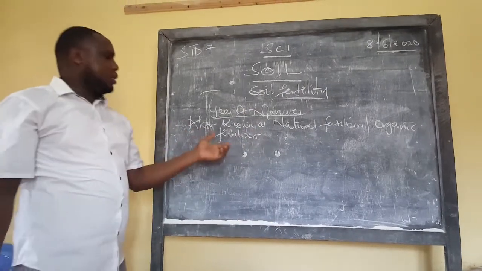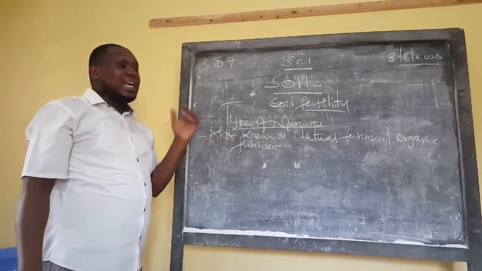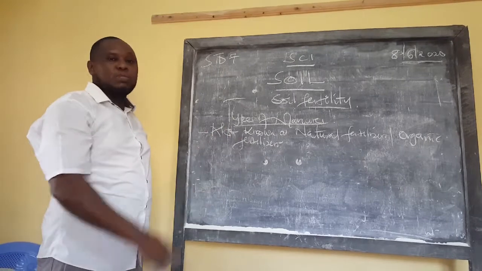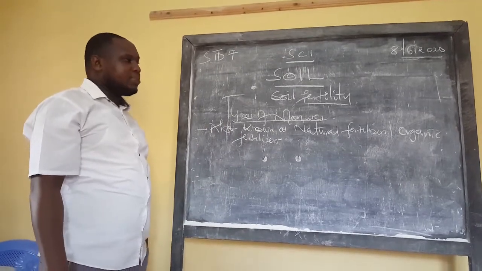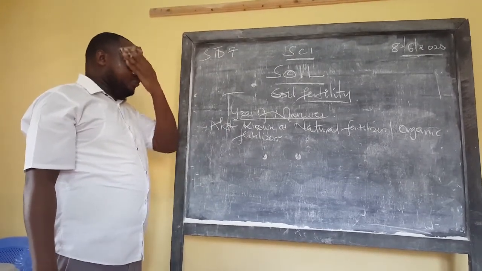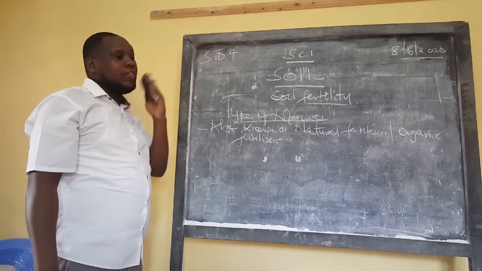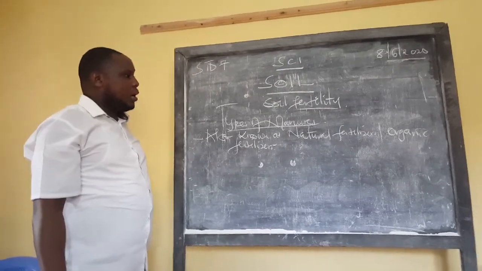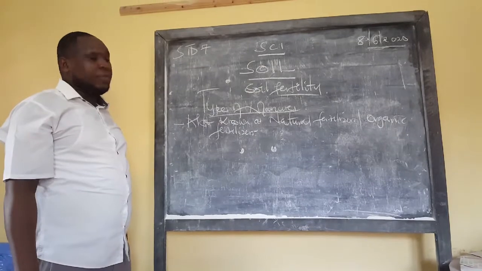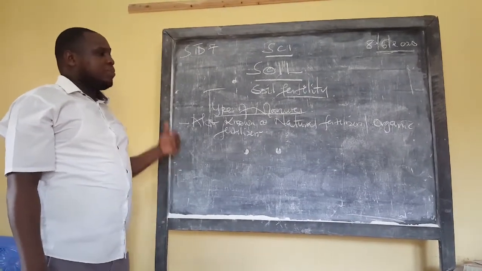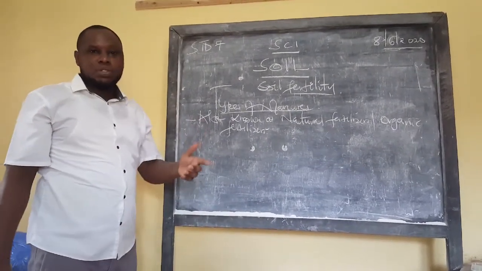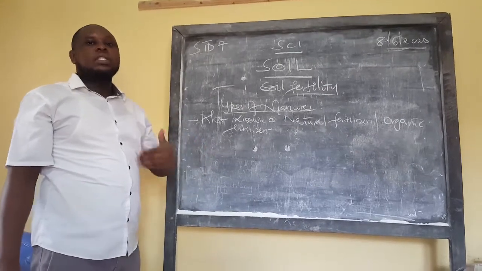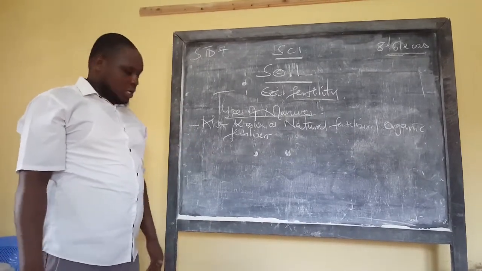The reason why they are called natural fertilizers is because they are locally made at home. These ones are not bought from the market. They are just made at home. They are organic because they help in fixing nutrients in the soil, and most of them are made of items or substances or materials that are able to decompose.